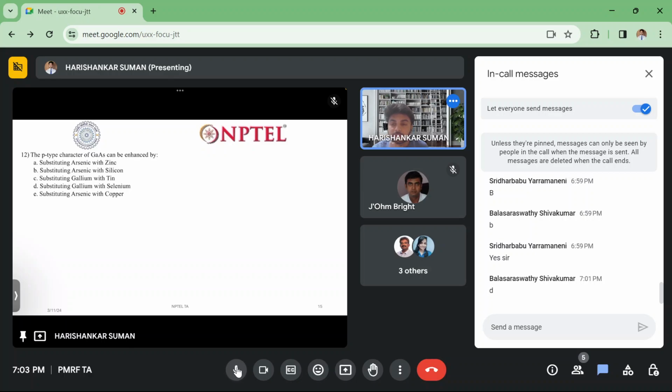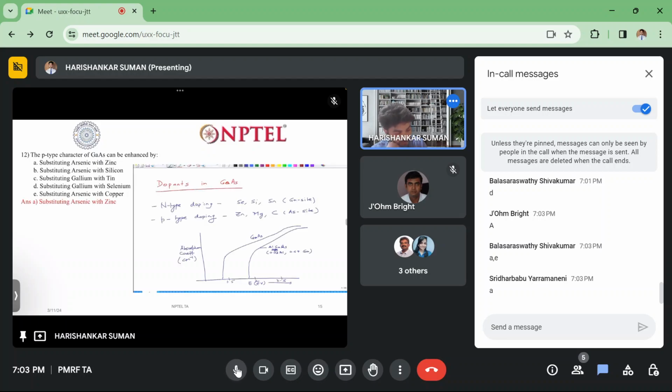How can we improve the P-type characteristic in gallium arsenide? Arsenic with zinc. Doping in the gallium arsenide, N-type doping. These are the options for P-type.